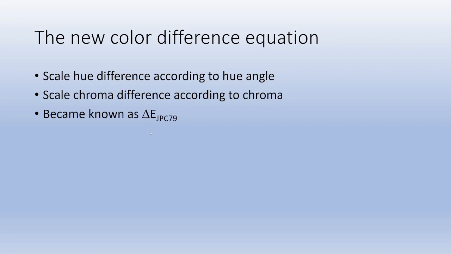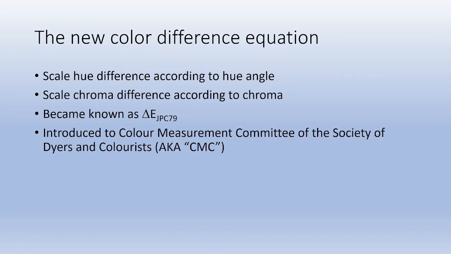It's always great to have more than one formula. This was introduced to the Color Measurement Committee of the Society of Dyers and Colorists. The Society of Dyers and Colorists is still around. The Color Measurement Committee is no longer around. They were known as CMC, the Color Measurement Committee. So Roderick McDonald took this to that committee and said, I think maybe we should adopt this as a standard.